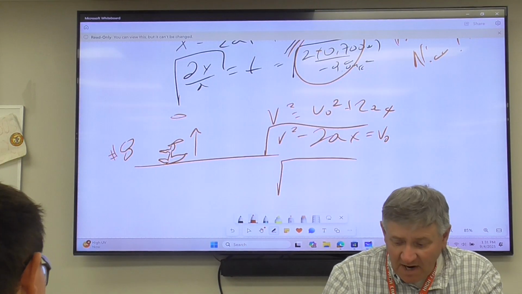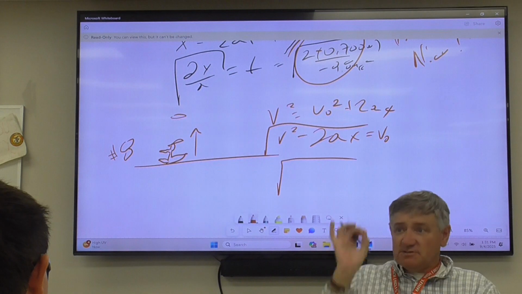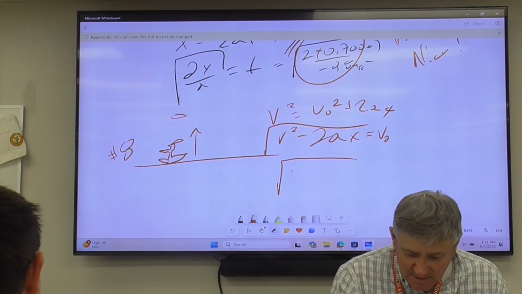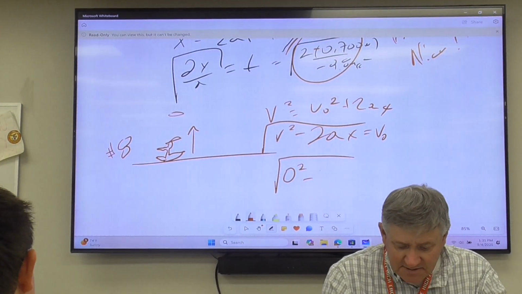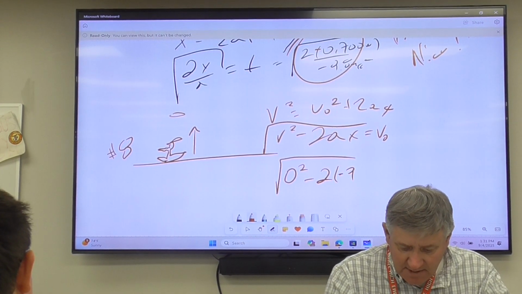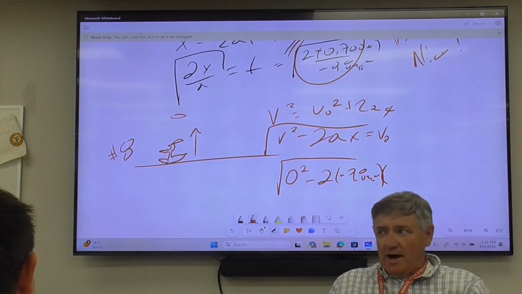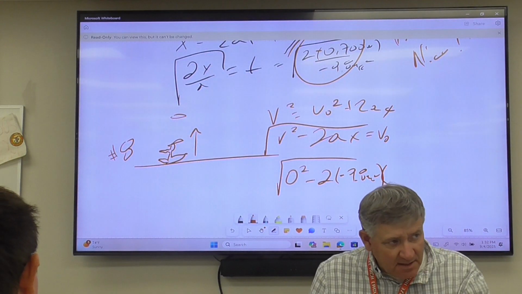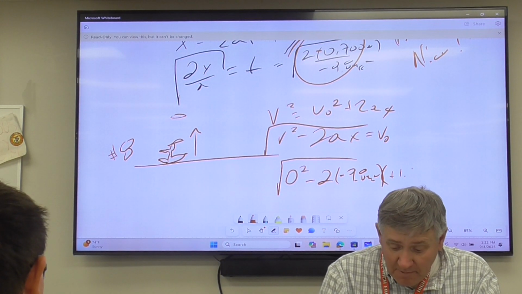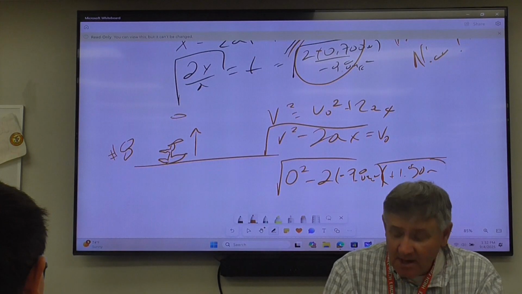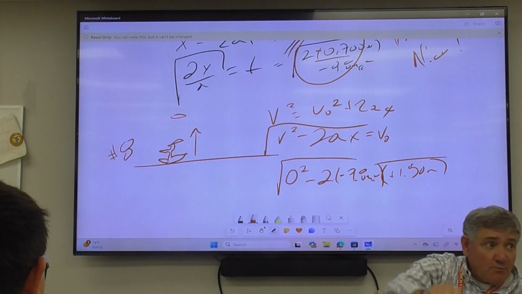So, what's my final velocity of the kangaroo at its highest point? 0. Okay? Now, this is important because I'm going to have 0 squared minus 2 times negative 9.8 meters per second squared. But what is my x value? Is that x value a positive or a negative number? Positive. It's a positive number. But that's cool, okay? That's cool because you're going up. But again, this is where this works.